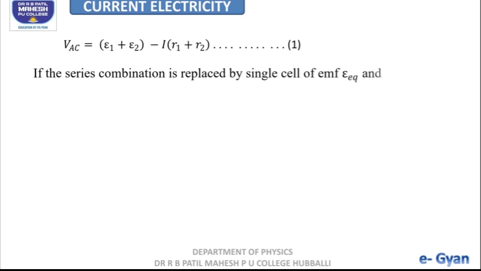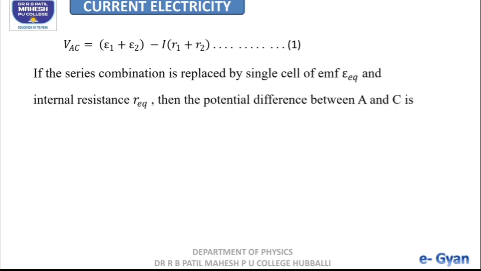If the combination of the cells is replaced by a single cell of EMF E equivalent and internal resistance R equivalent, then the potential difference between A and C is VAC equal to VA minus VC, that is equal to E equivalent minus I into R equivalent.